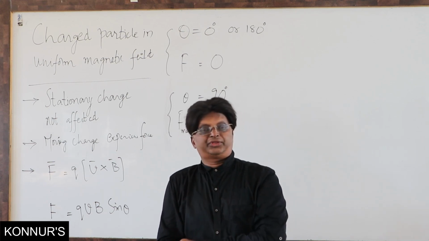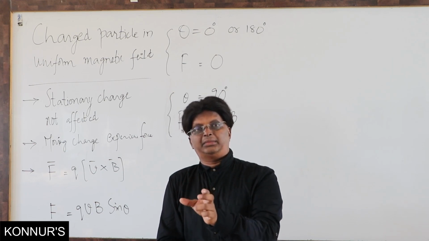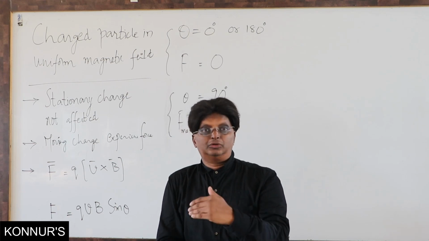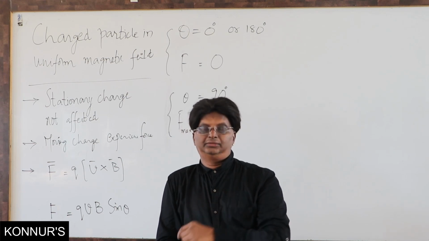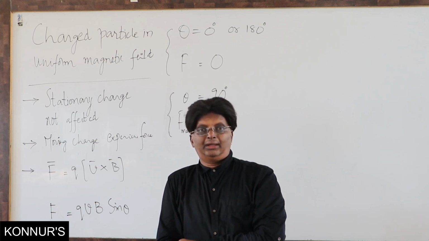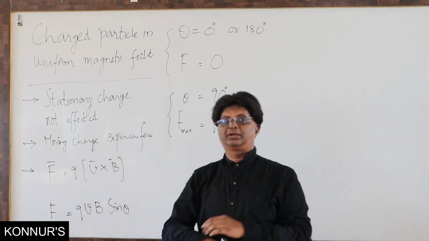Then we continue with a combination of conductors placed in a magnetic field. Then we also talk about a current loop placed in a magnetic field. So likewise the concept will continue. And let us see the topic of charged particle in magnetic field.